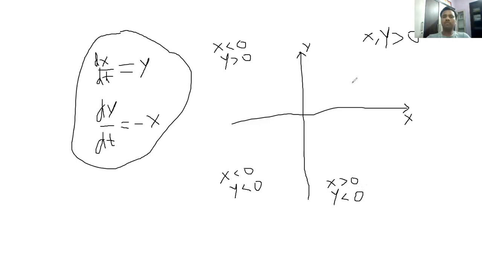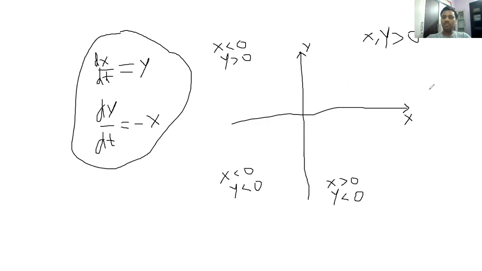So we consider the first quadrant. If x is positive and y is positive, then what will be dx over dt and dy over dt? dx over dt is equal to y, so it will be positive. Means dx over dt is positive.